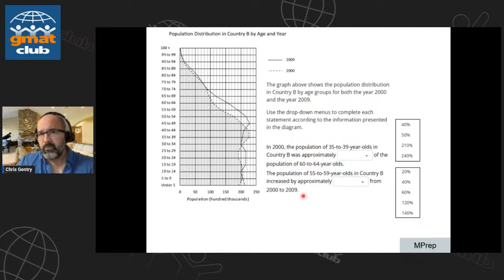So, for example, when I look at this second question, the population of 55 to 59-year-olds increased by approximately some percentage. I should not be surprised by that question. I should be thinking, yeah, that's expected. When I looked at the graph, it seems that there is a shift to older demographics in this country across this 10-year period. All right.